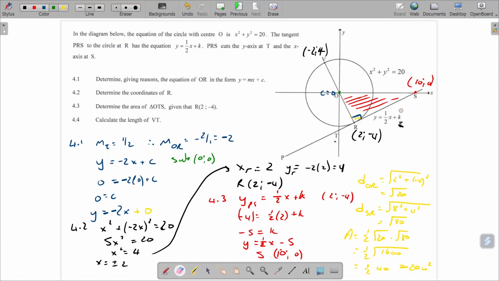The key idea is that the base could be the x-axis, and the height would then simply be the y value to R. As a result, the base here would be 10, the height here would be 4, and my area would be a half of the base times the height, which would give me 20 units squared, a lot easier than I had in the yellow example.